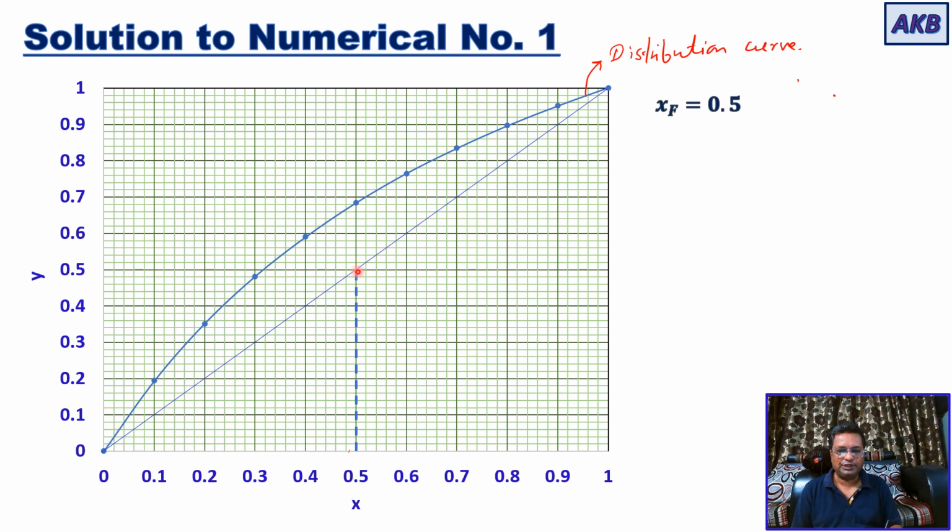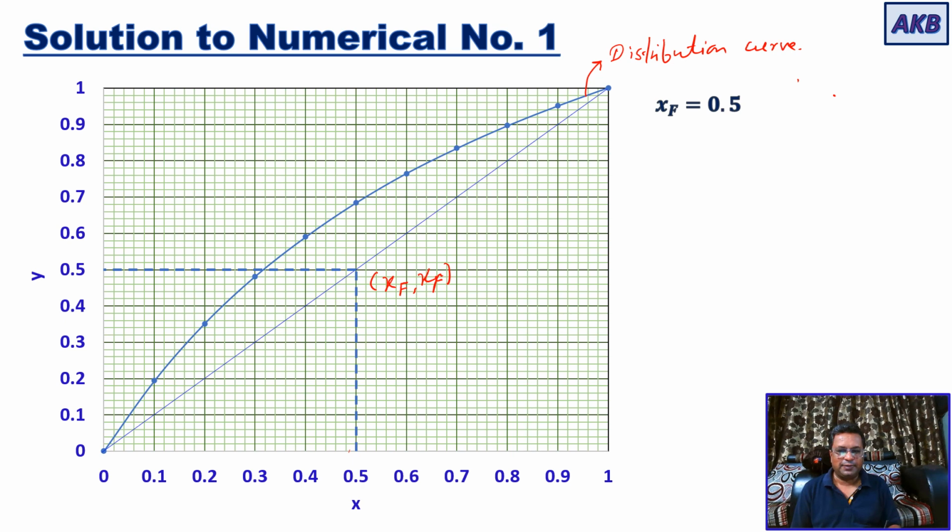The y coordinate of this point is again 0.5, you can see. So the coordinates of this point are xf, xf, the point where the operating line intersects the diagonal line. In my earlier video I have talked about it, you can please refer to that.